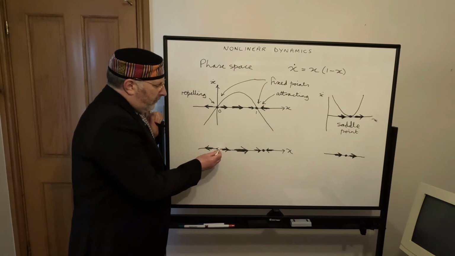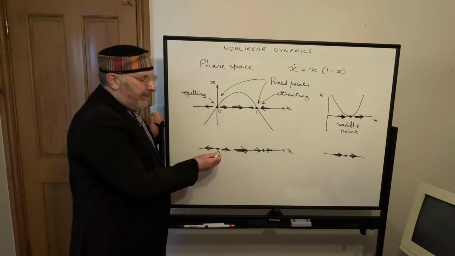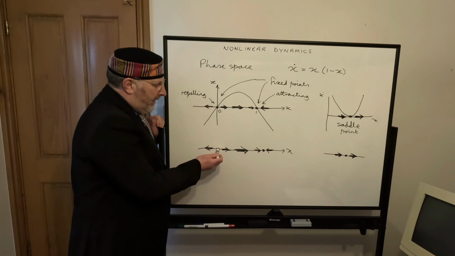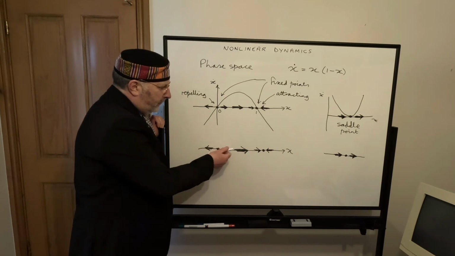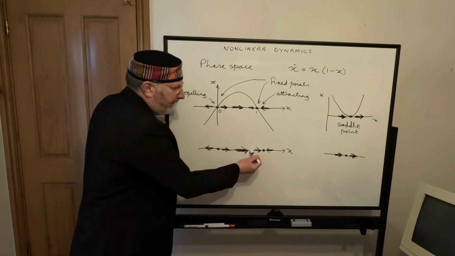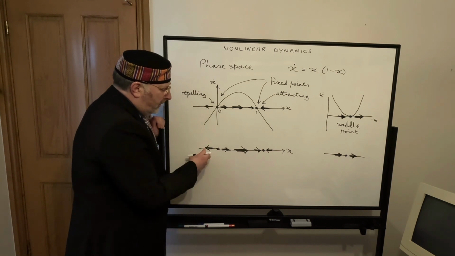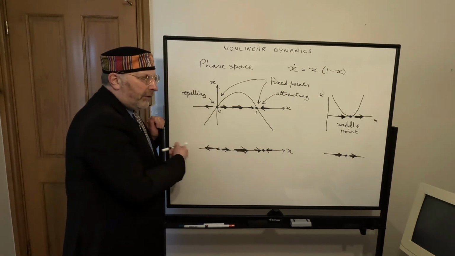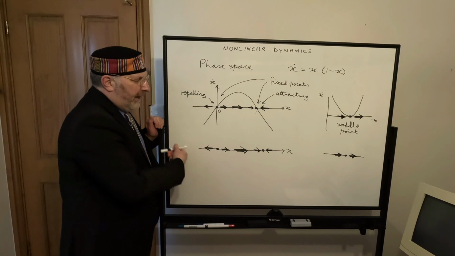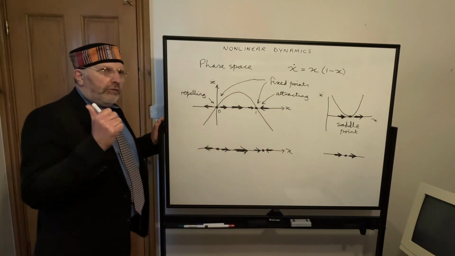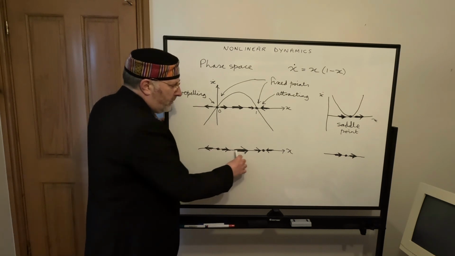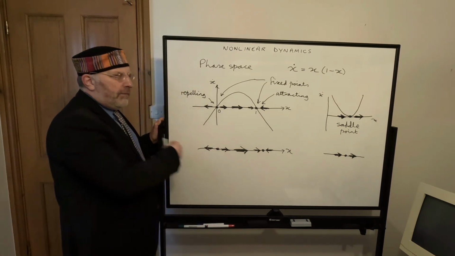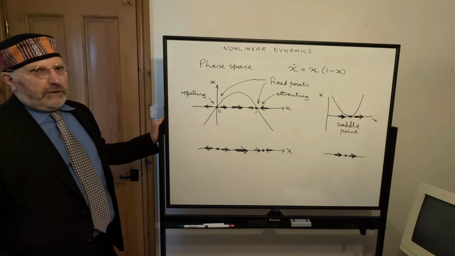We can either stay at a fixed point, so x dot is 0 here, it won't move, or we can move towards a fixed point, as here, or we can be moving away from a fixed point to infinity, either in that direction or that direction. So those are the only three behaviors. Stay where you are, move towards a fixed point, or move towards plus or minus infinity.